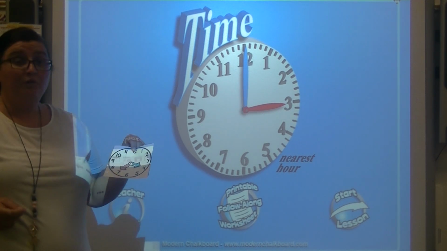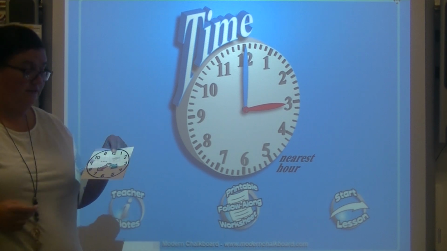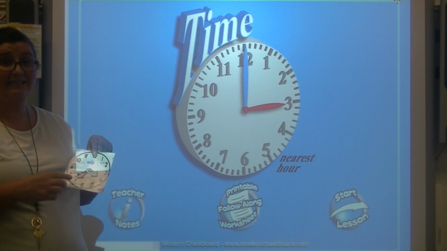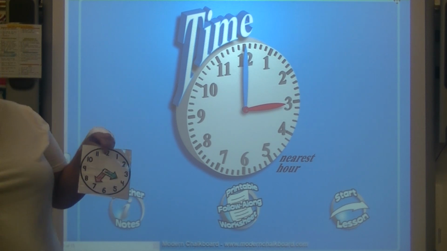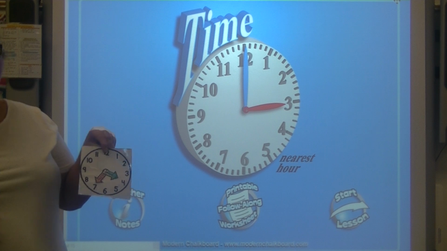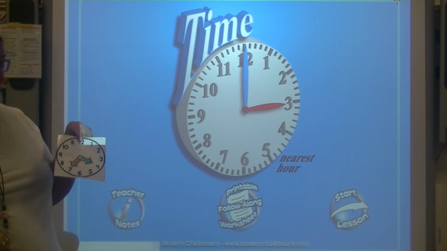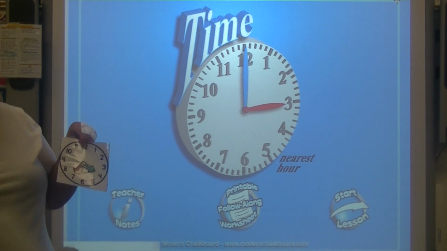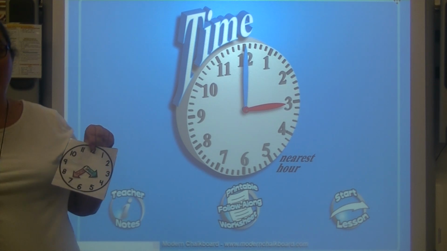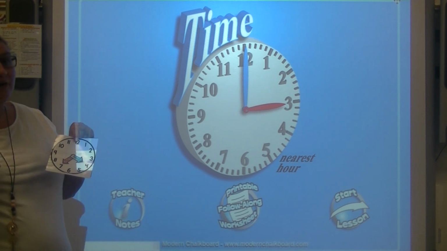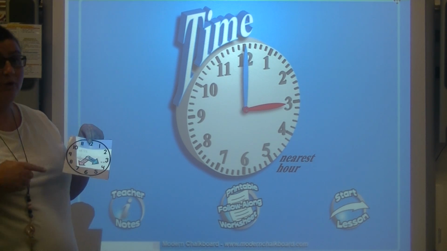Alright, so on your clock, you have your clock face. This is an analog clock. What kind of clock? Yes, it's called an analog clock. Analog clocks are the clocks that you see on the wall that have the numbers on them. Let's look at the numbers and let's count the numbers starting with 1.